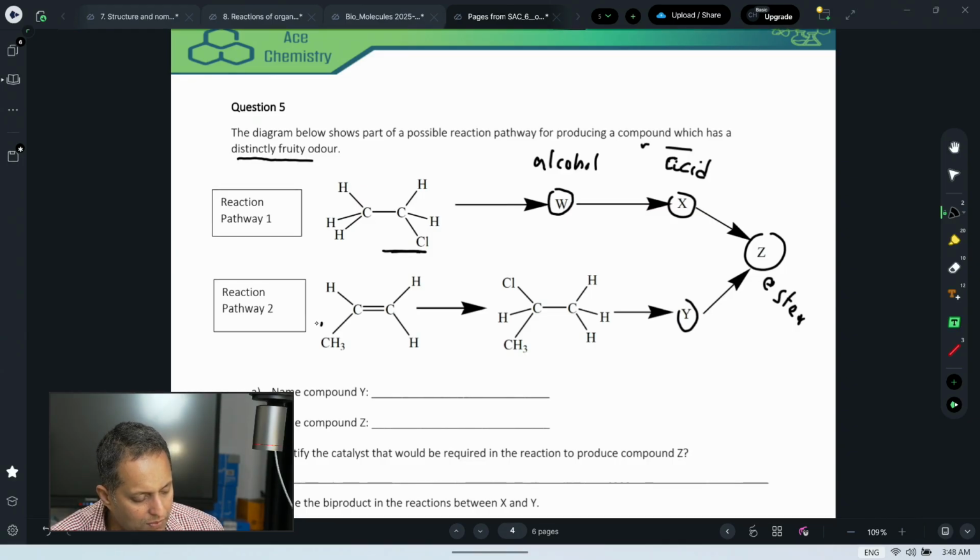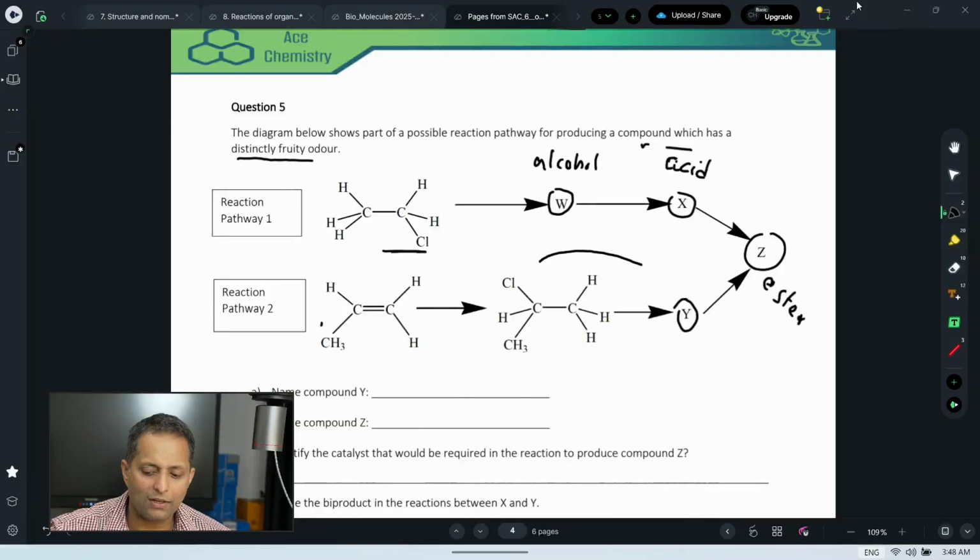Okay, let's go to reaction pathway 2. You have an alkene, and you are making a chloroalkane. Why can this not be a carboxylic acid? There is no way we can convert a chloroalkane straight into a carboxylic acid.